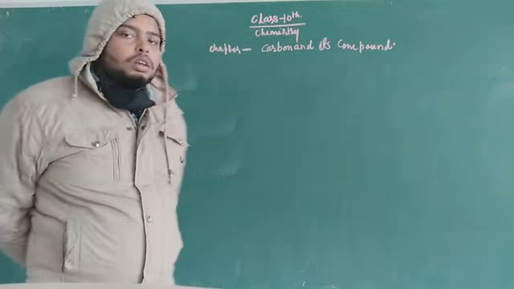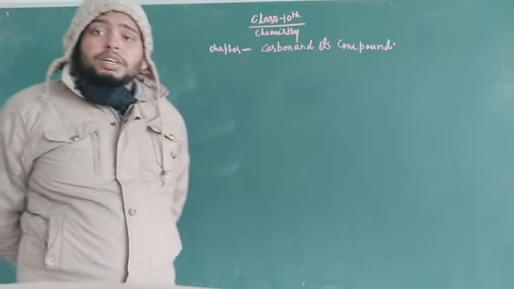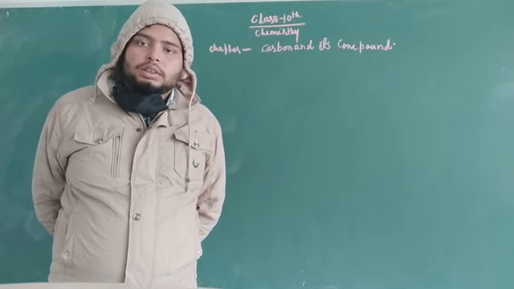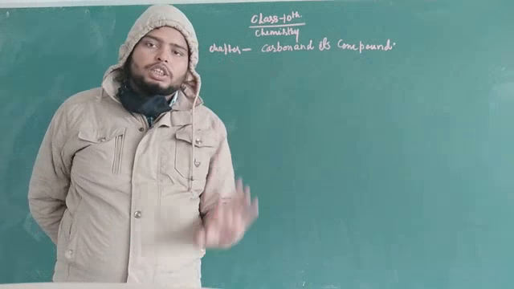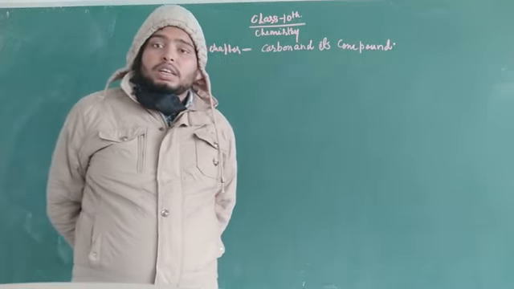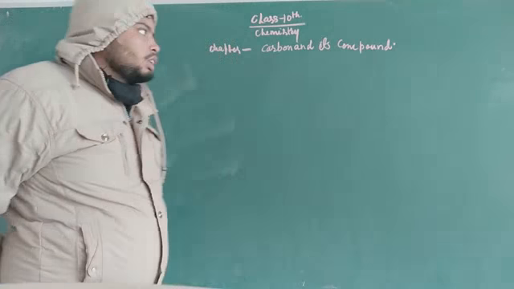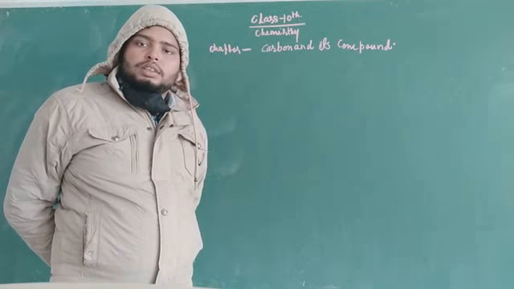Here we are going to learn about the element carbon, which is a non-metal. Its atomic number is 6. That means the versatile nature of carbon, and its compounds, the organic compounds. So this is a very important chapter for us.